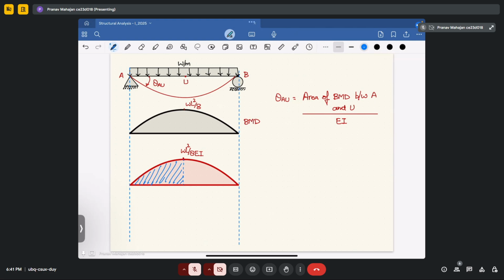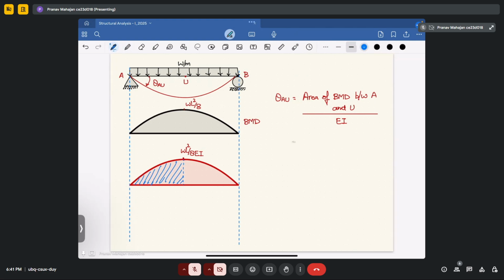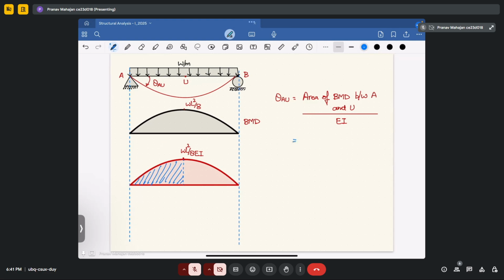This area will be equal to 2 by 3 into base, that will be L by 2, into height, that will be WL square upon 8, and this will be divided by EI. If you solve this, you will get WL cube upon 24 EI.